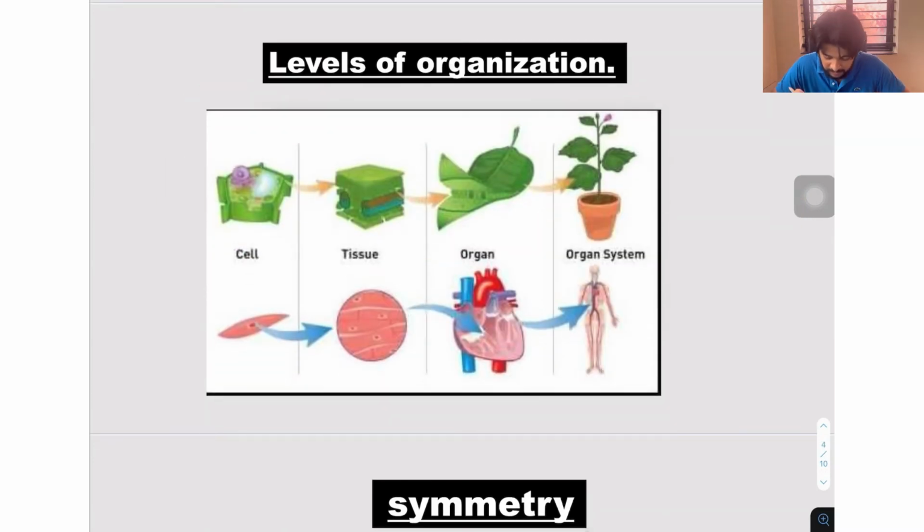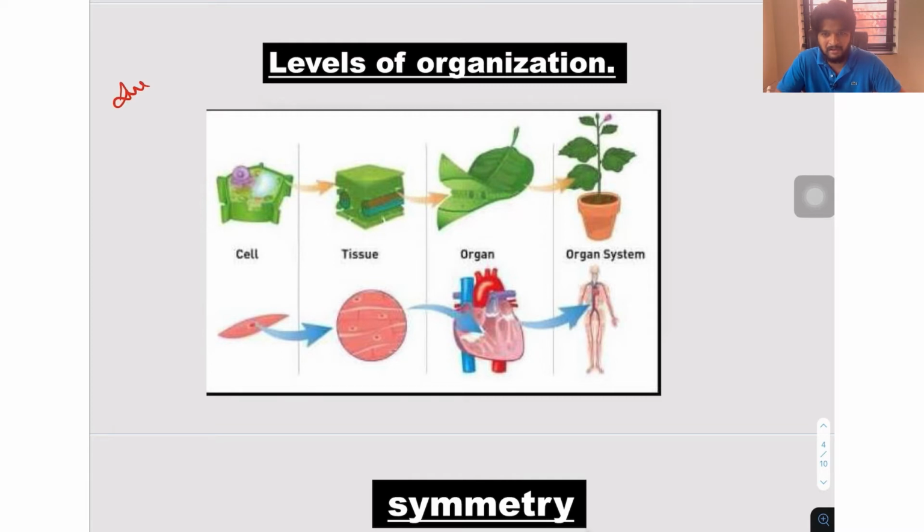First we will discuss our first character, that is levels of organization. As we have already discussed, organisms of various levels of organization can be seen. There are many organisms which are still acellular, which are not complete cells, like mycoplasma and viroids. Then we have studied cellular organisms, which are single celled, and multicellular organisms.